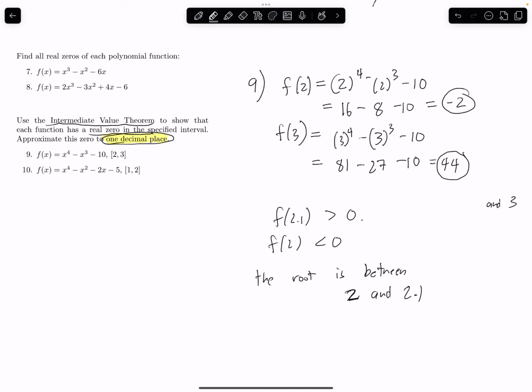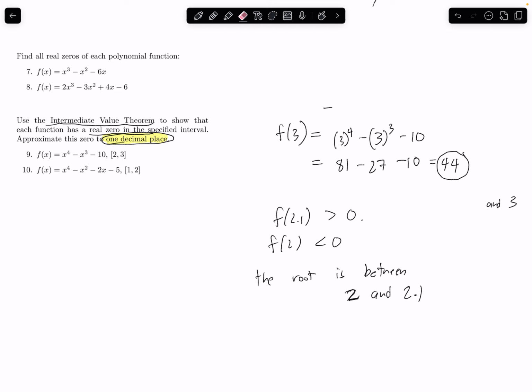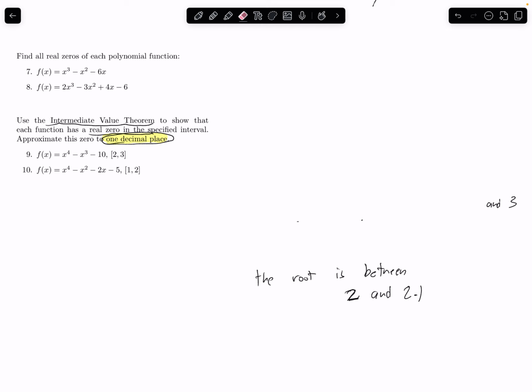We've located it within 1 decimal place. So there you go. And you can get further accuracy by just plugging in closer and closer numbers. You could go to 2 decimal places and do 2.01, 2.02, 2.03, 2.04, 2.05 to figure out where exactly it first changed.